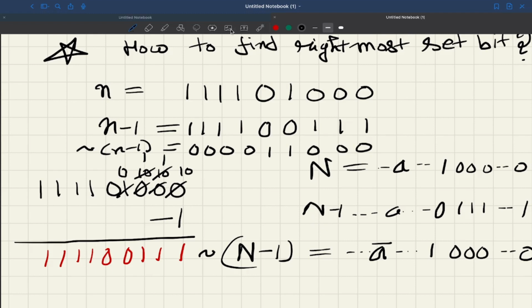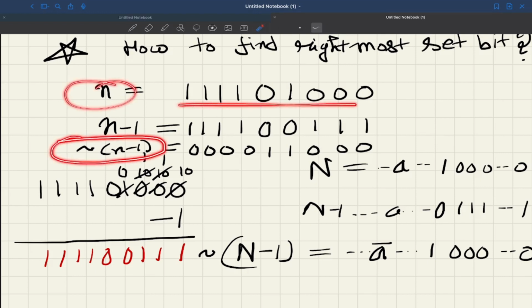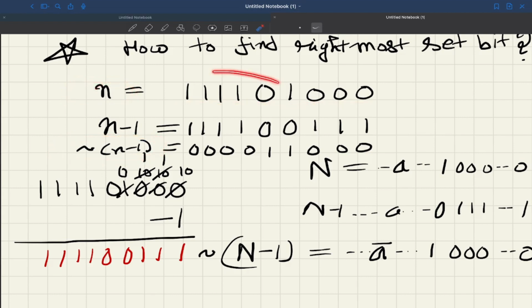So in n and the negation of n minus 1, you can see that before the rightmost set bit, all bits are exactly opposite, and after the rightmost set bit, all bits are exactly the same, and they are 0 only.